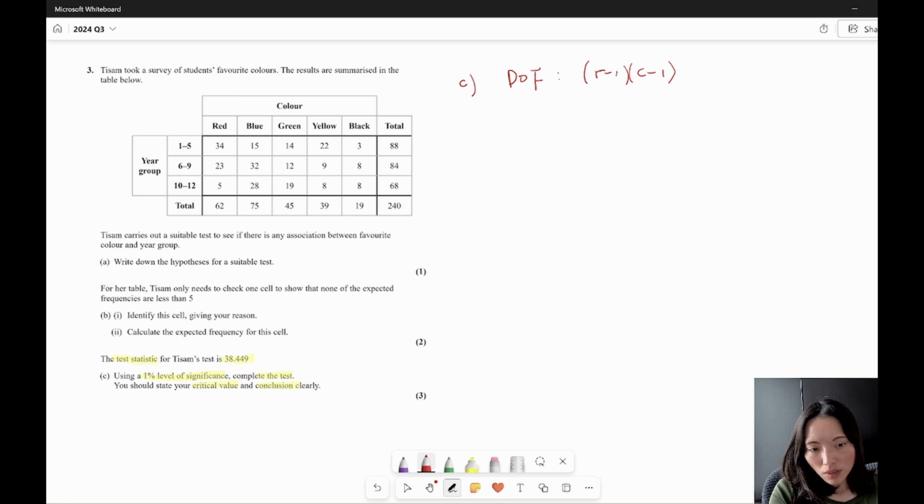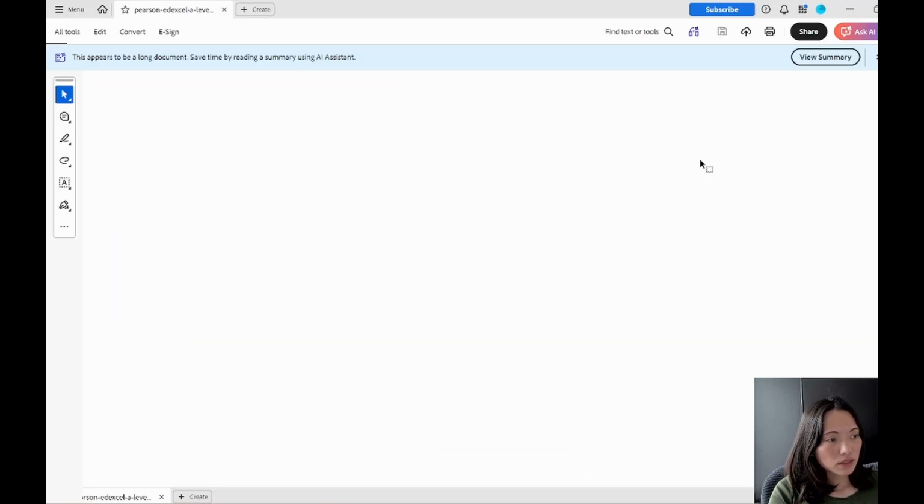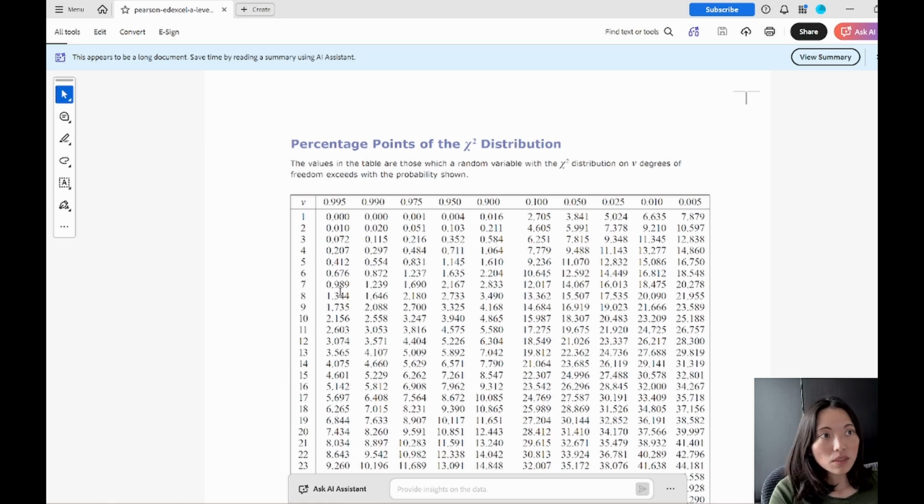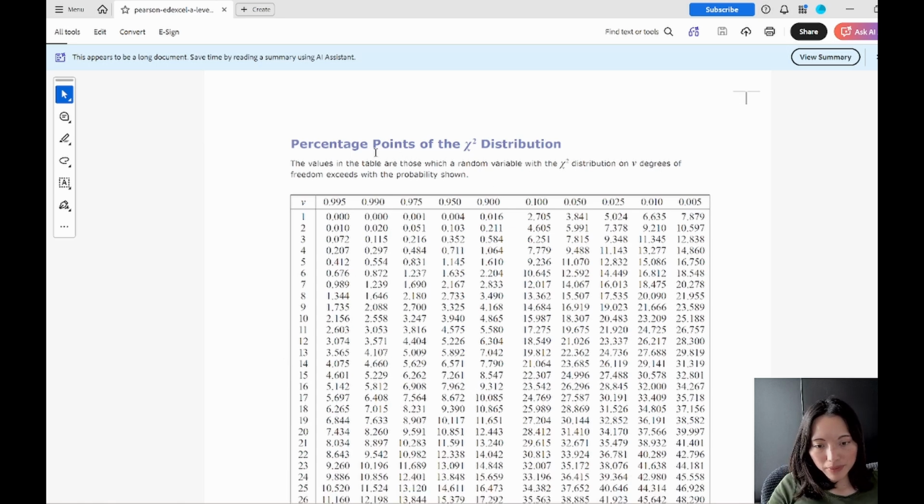The number of rows is 3, so it's 3 minus 1. The number of columns is 5, so 5 minus 1 is 4. That's 2 times 4, so we've got 8 degrees of freedom. Now, let's take a look at our statistics tables. This is the page with the percentage points of the chi-squared distribution.